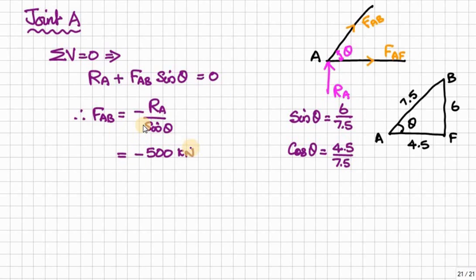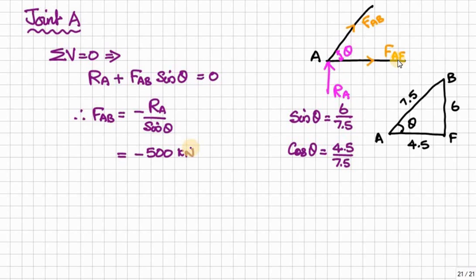So keep this symbol as it is for the entire problem, so as not to get confused. But wherever we have FAB, you have to substitute minus 500. Okay, that's enough. Next we have to compute FAF.